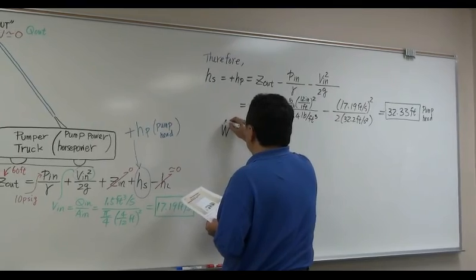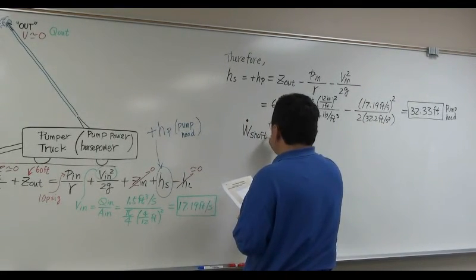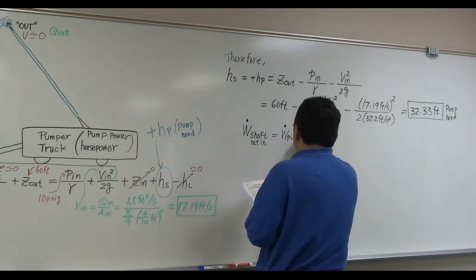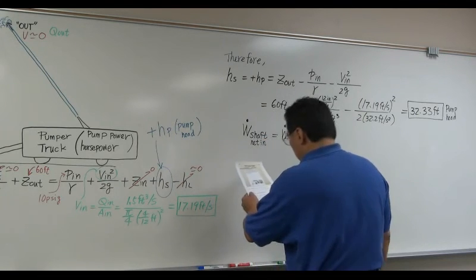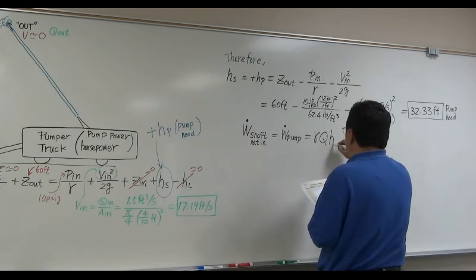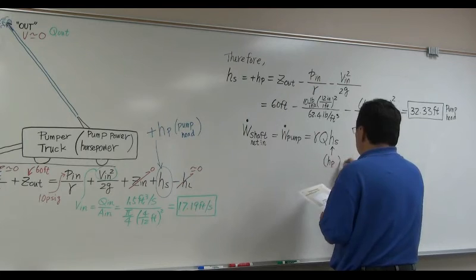So this is what we need: W dot shaft net in, which is essentially W dot pump. This is gamma times Q, the flow rate, multiplied by HS, in this case HP.